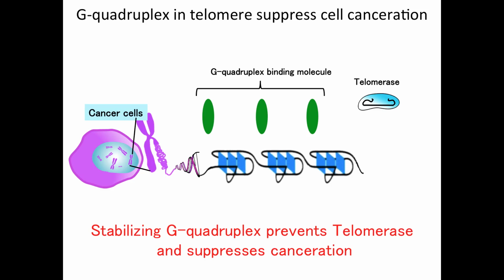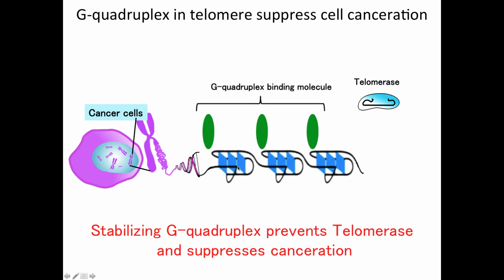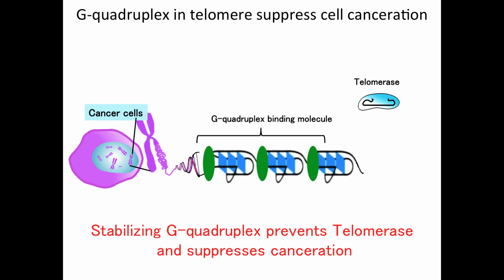And especially the telomere region can make the G quadruplex. If we add a G quadruplex binding molecule to stabilize the G quadruplex, telomerase cannot bind to this DNA, which means telomerase cannot work as a telomere elongator and cannot elongate the telomere.